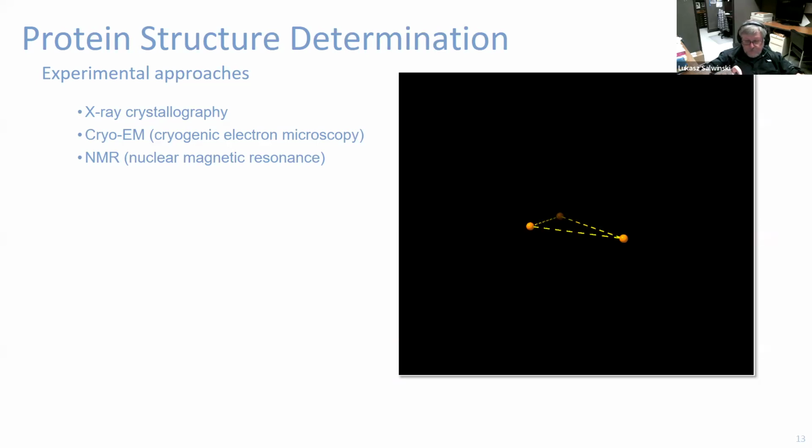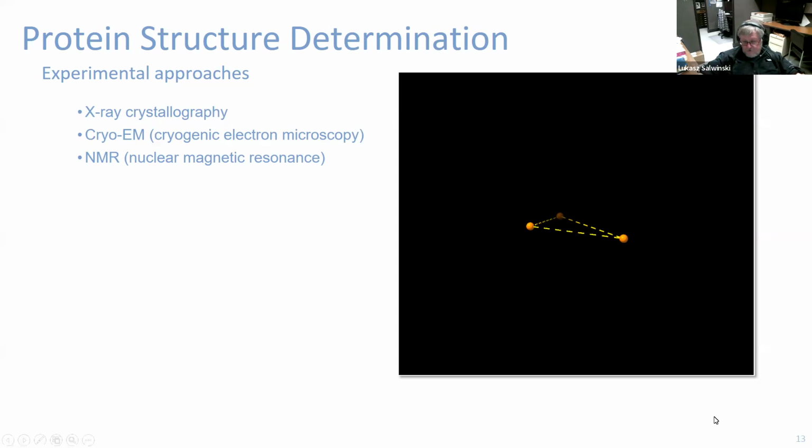It measures how far apart two atoms are. That's essentially what NMR does on a large scale. You can record an NMR spectrum, and from the spectrum you can determine the distances between pairs of atoms. This is in principle enough to reconstruct the entire structure.